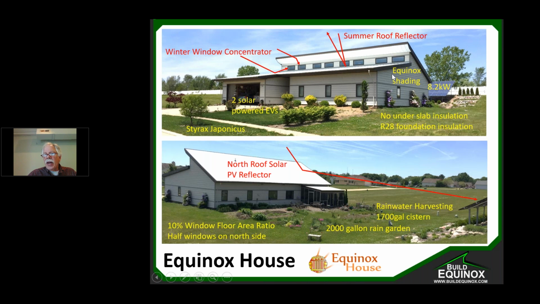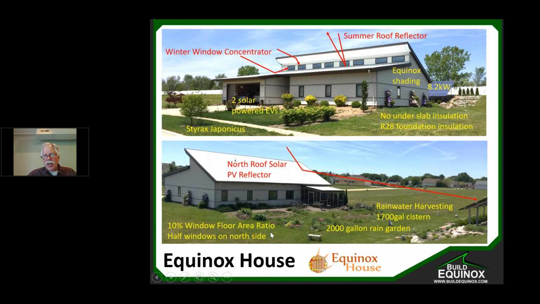We shade from equinox to equinox, spring to fall, and you can see the shading for both of these south-facing windows. And this Styrax japonicus tree, if you're reading our newsletter, we had a recent article about it. It just bloomed, and there's a lot of other features about that as to why we planted it.